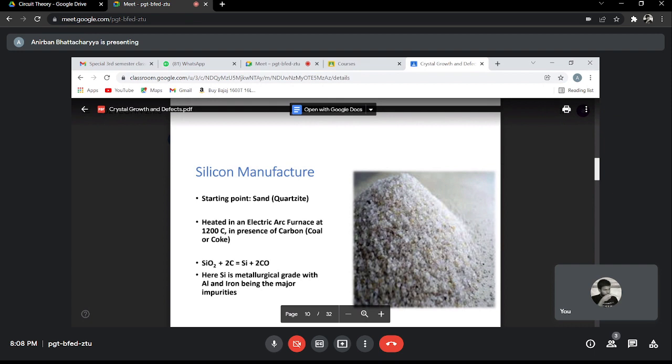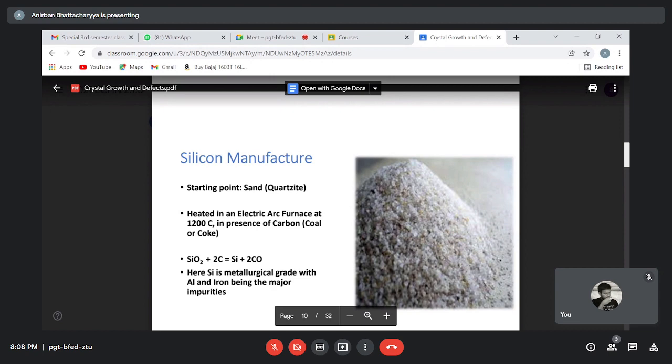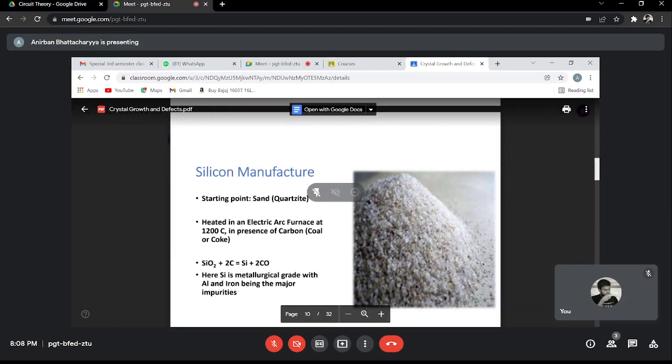The size distribution in sand is quite small. Each grain of sand is a crystal, a crystal of quartzite. So I'll not go through the entire steps because you can read it yourself, and it's not a big deal.